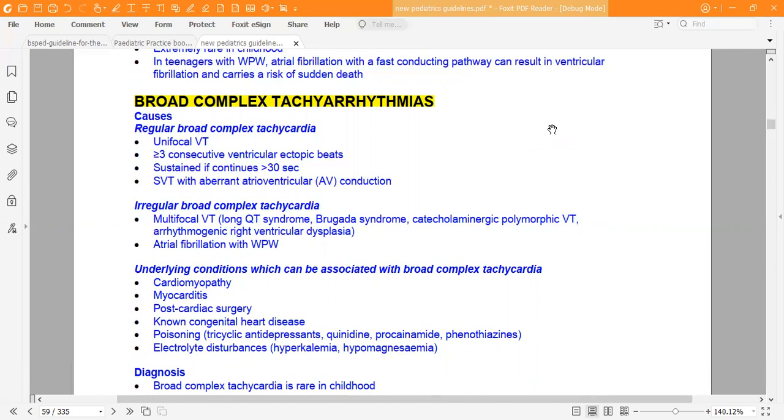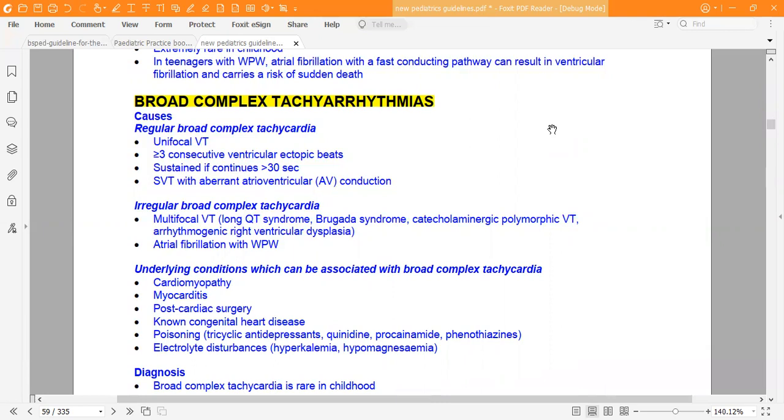The regular broad complex tachycardias are unifocal ventricular tachycardia, which is 3 or more consecutive ventricular ectopic beats, sustained if continuous for more than 30 seconds. Also SVT with aberrant atrioventricular conduction. It could be associated with SVT as well.